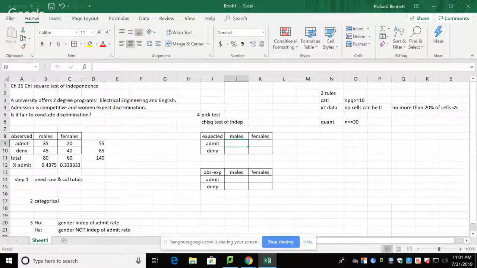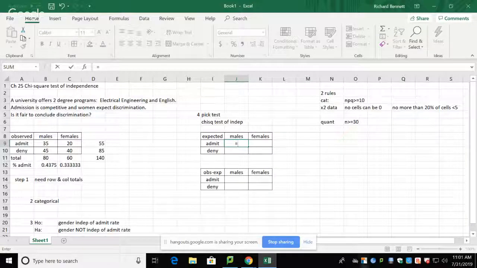Okay? So here's what we're going to do. We need to figure out, based on the null hypothesis, the null says that gender is independent of admission rate, right? So if it were independent, then I'm going to show you what the numbers would be, okay? So here's what I'm going to do.